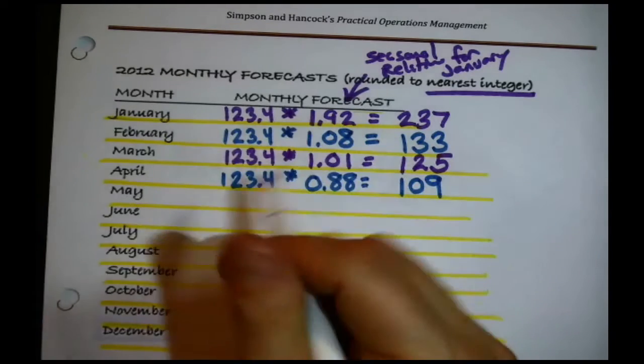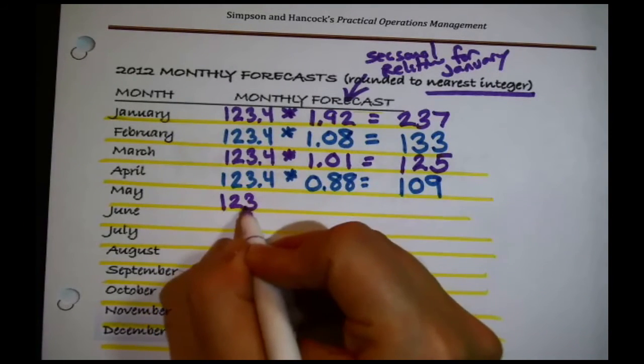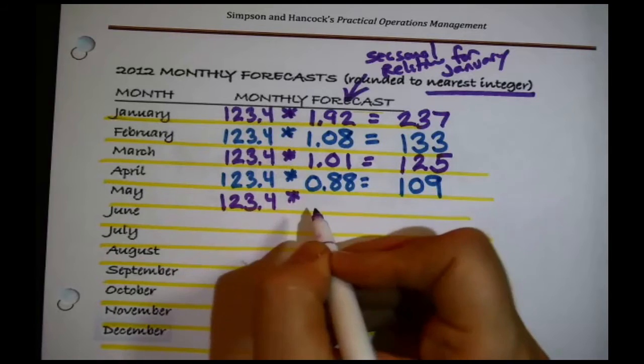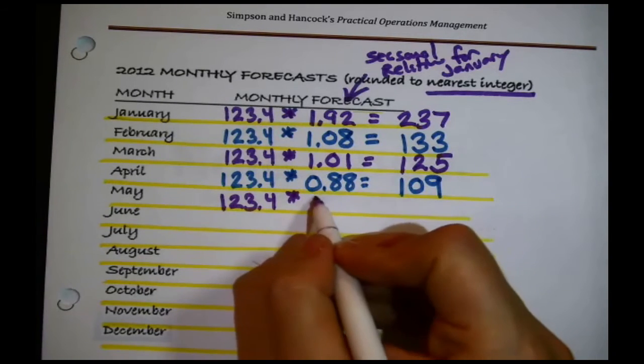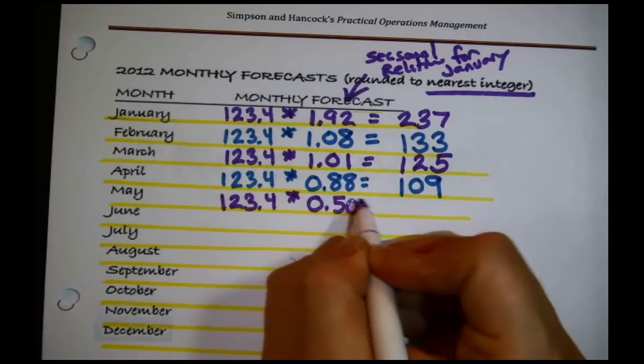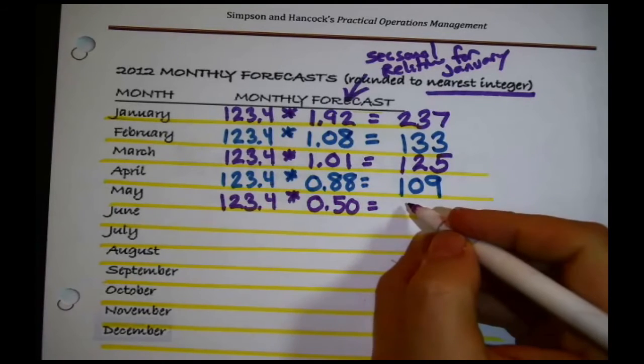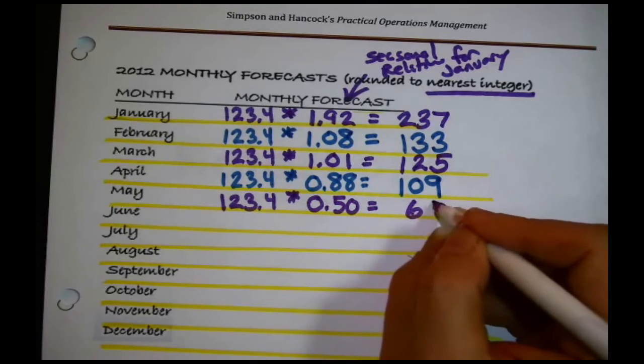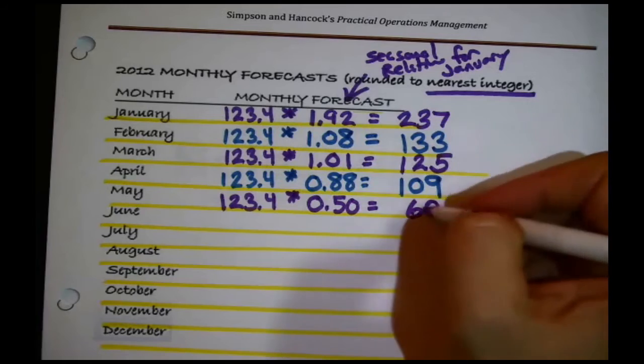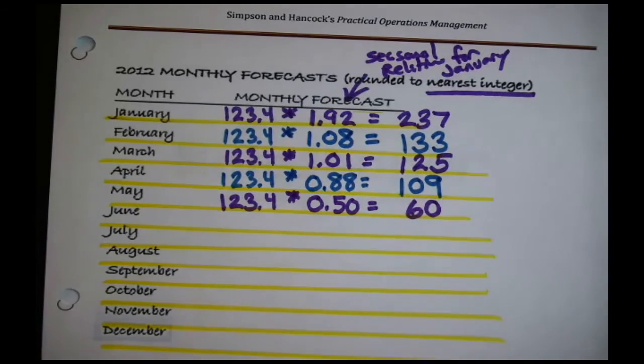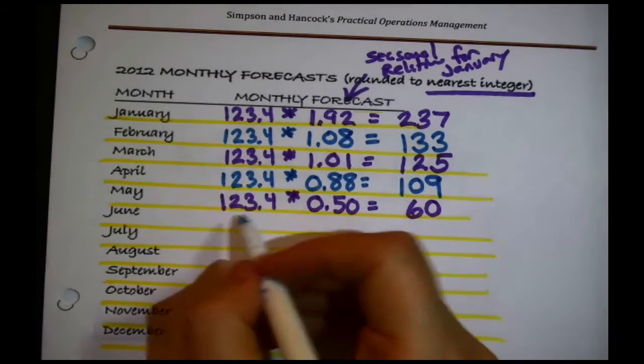For May, begin with the same 123.4. Multiply by, for May, the seasonal relative was 0.50, which means our forecast for May, based on this information, is only 60, because we know that the demand for courtesy van transport naturally starts to slow down in the summertime.